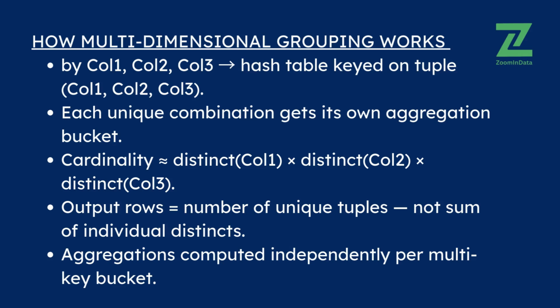So if region has 10 values, city has 100, and user has 1000, you could end up with up to 1 million groups. Output rows equal the number of unique tuples. Aggregations like sum or count run independently per bucket. This multiplicative effect is what makes multi-dimensional grouping so powerful and so dangerous.